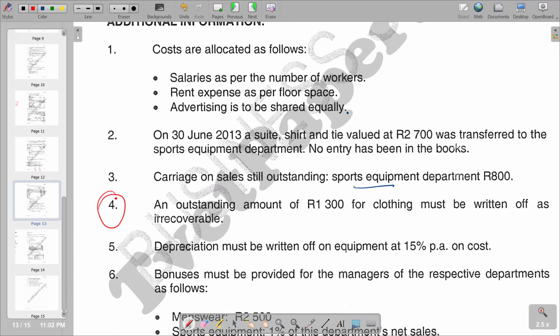An outstanding amount of 1,300 rands for clothing must be written off as irrecoverable. So this is a bad debt, which is not there in the list. So we have got a bad debt 1,300 for clothing, which is the menswear department. So we indicate that one, bad debts.